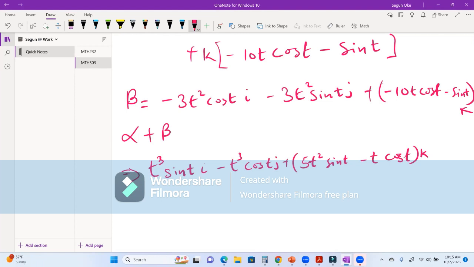Okay, then I can use a big bracket for alpha. This is my alpha plus beta. My beta will be what?